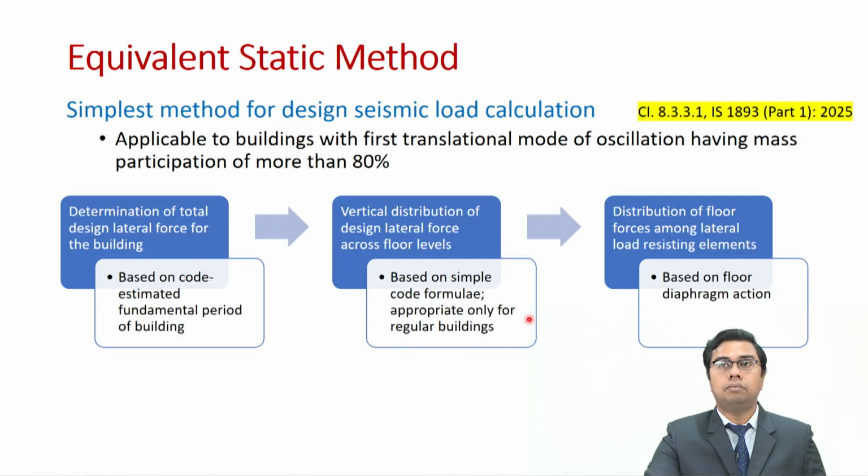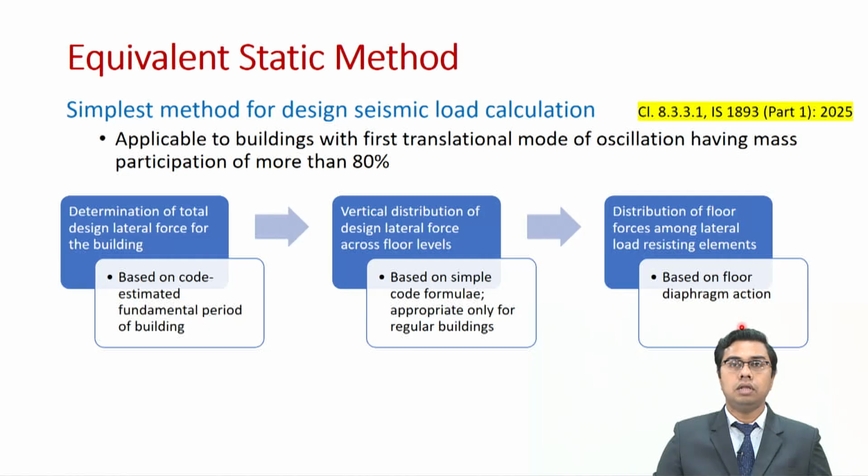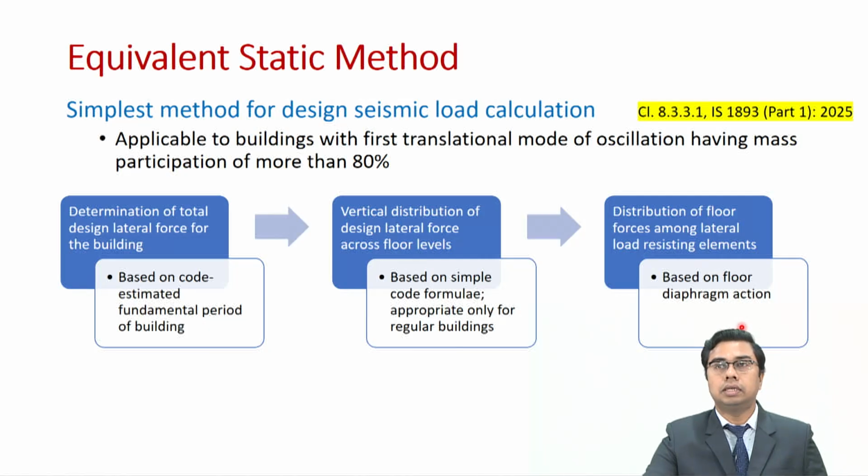And after obtaining the design lateral force at different floor levels, we will distribute those floor forces among different lateral load resisting elements based on floor diaphragm action. So, let us look at these steps one by one. The first step is to determine the total design lateral force for the building.